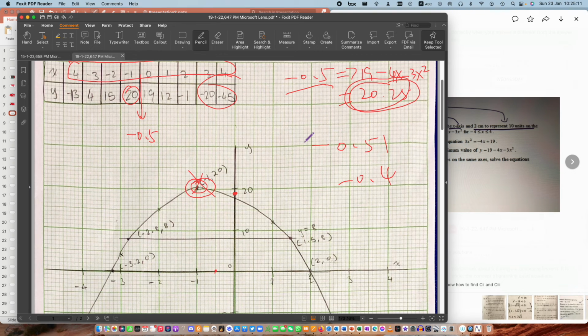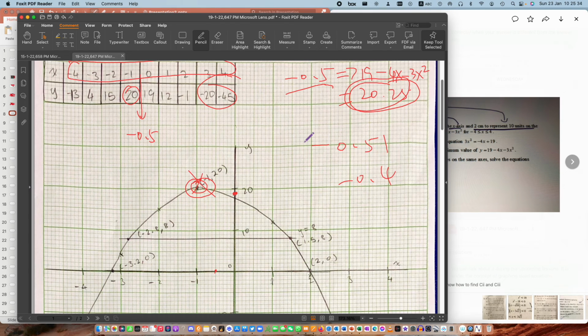I'm just asking you, if you are given a quadratic equation and I ask you to sketch, the maximum point, this is a maximum point because it's an inverted curve. It can be a minimum point. I have given you a similar question. So you can complete the square to figure out the maximum point.